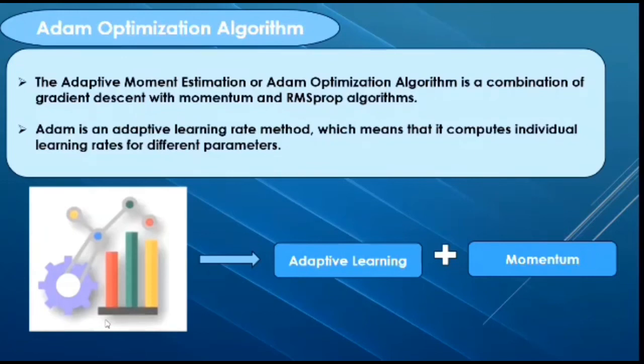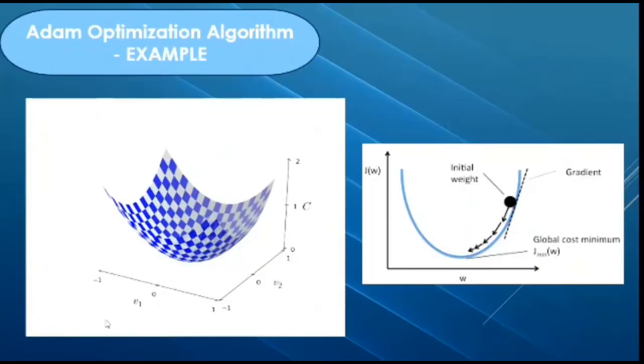The problem with the gradient descent algorithm is, if you take this curve as an example and roll a ball down the hill, and there are lots of crests and troughs along the hill, then there will be oscillations along the vertical axis as well as the horizontal axis. When there are oscillations along the vertical axis, this will reduce the speed of the ball and increase the time to reach the global loss minimum.